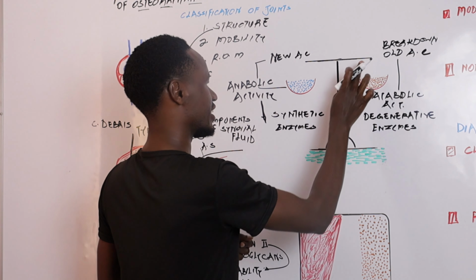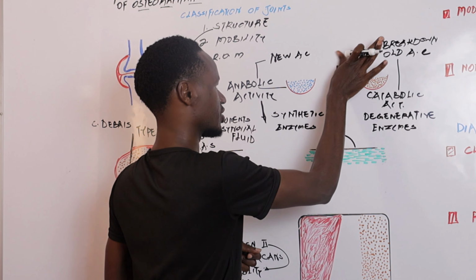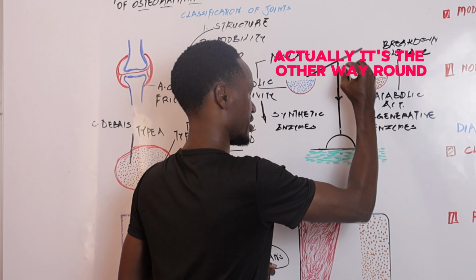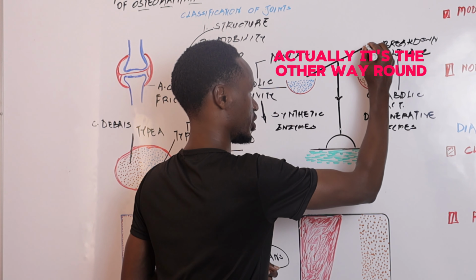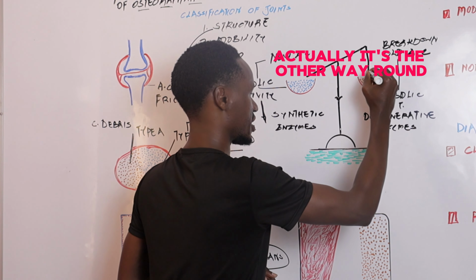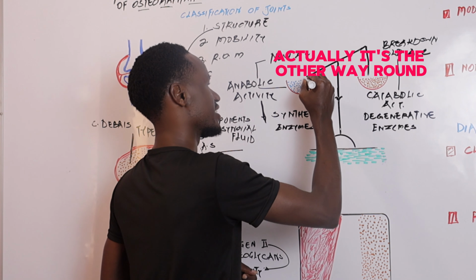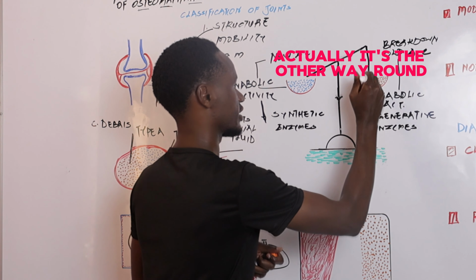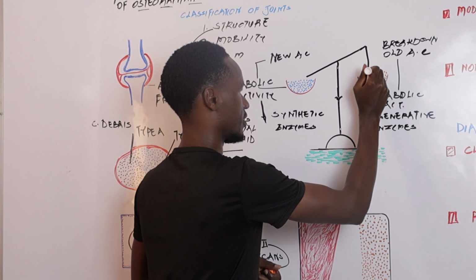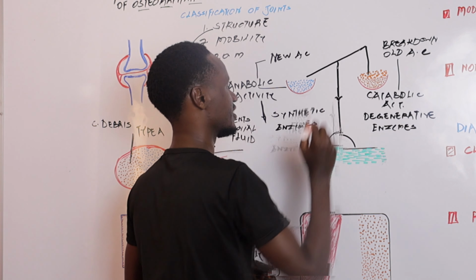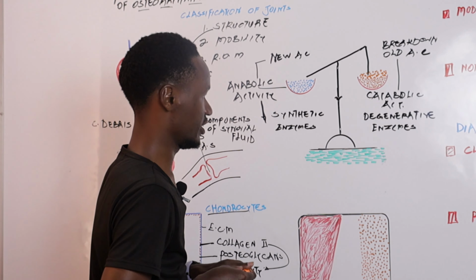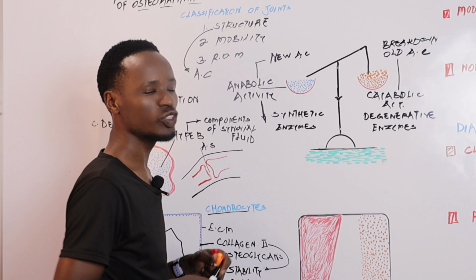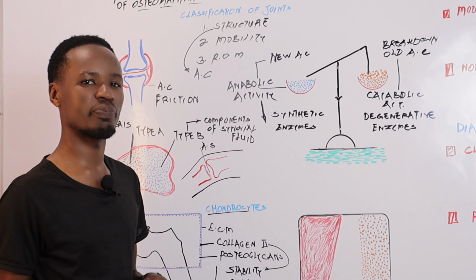It will tip this way, because the catabolic activities or the degenerative enzymes are overpowering the synthetic enzymes, and so the catabolic activities exceed the anabolic activities.